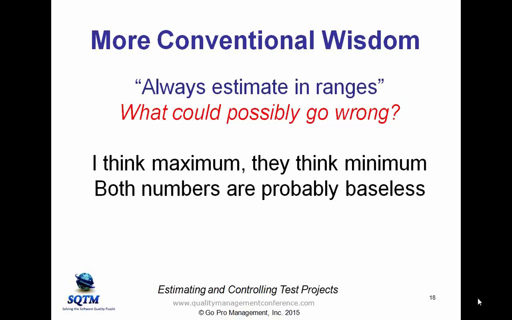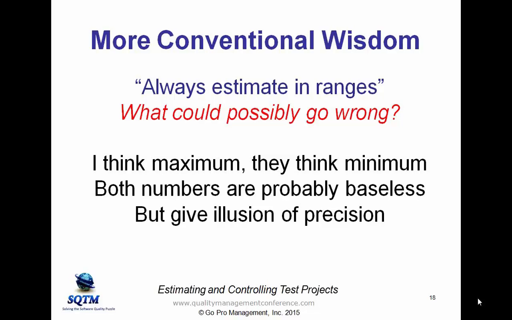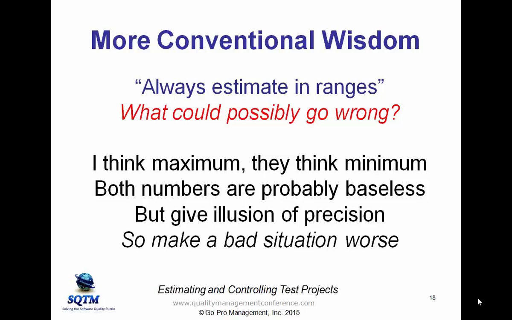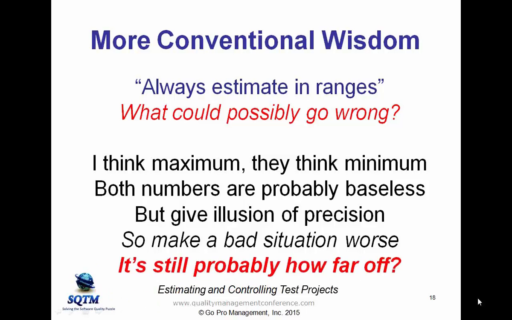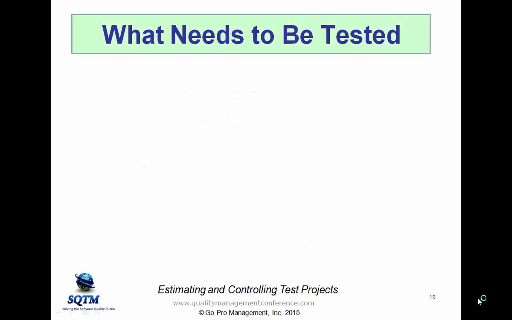Oh, and by the way, there's a pretty good chance that neither the maximum nor the minimum has anything at all to do with what's really needed. But I've now given the illusion of precision, and I've got nobody to blame but myself for making the bad situation worse.